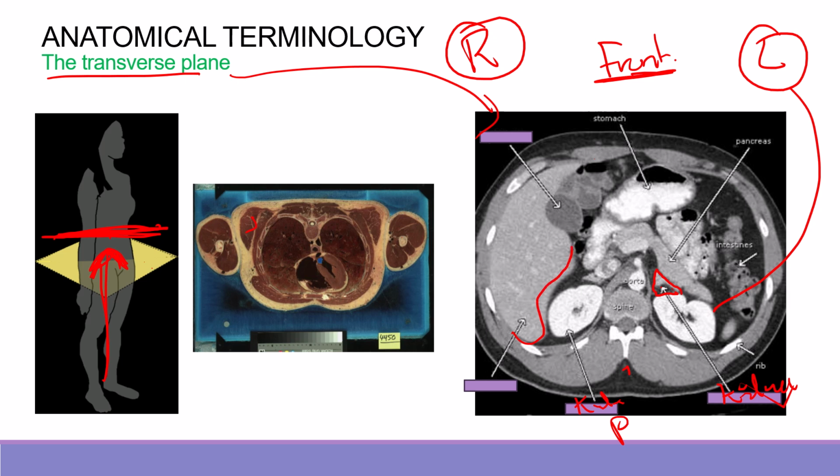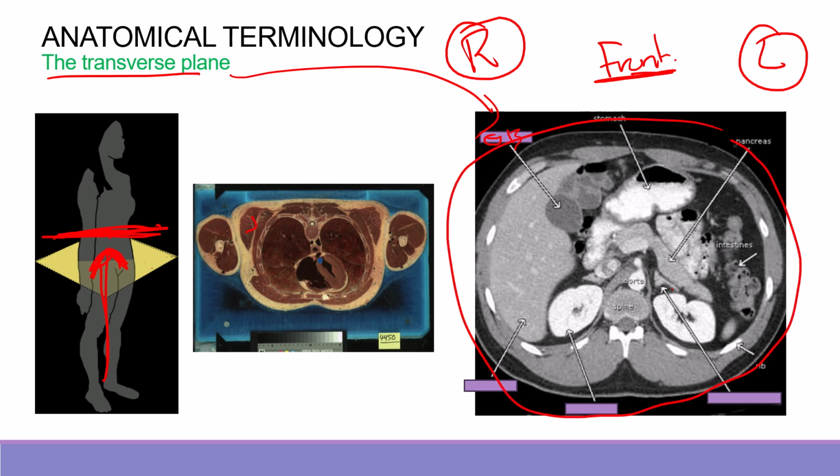Also, we have here this huge organ, which is the liver, and the gallbladder, which is the other one that we have here. Once again, this might require a little bit of time and practice, but that is the importance of anatomical directions and anatomical planes, and hopefully you can see now that it has a real life application.